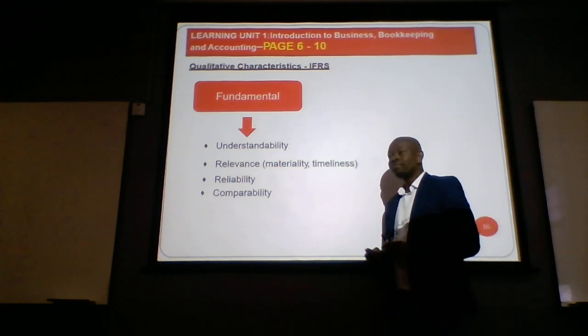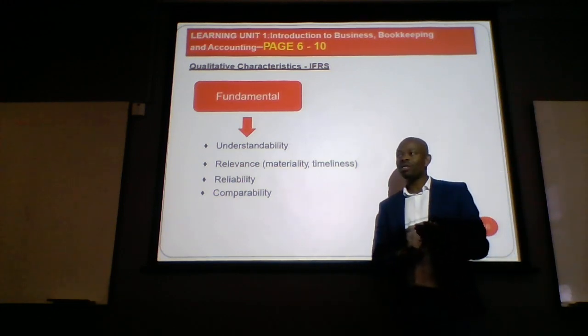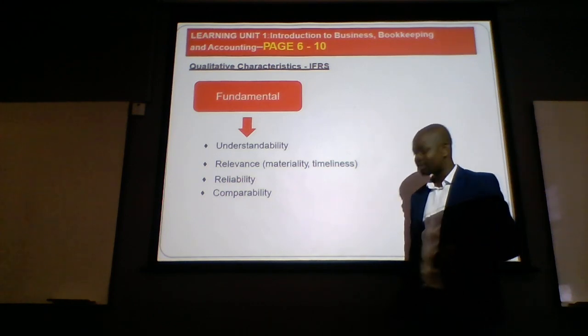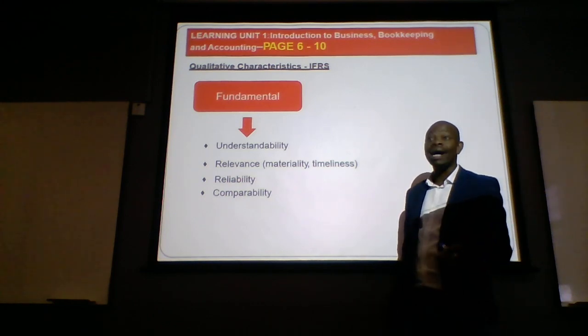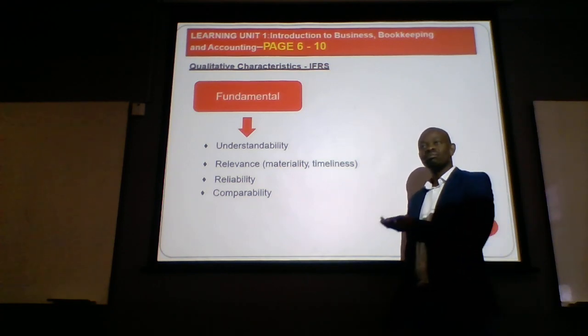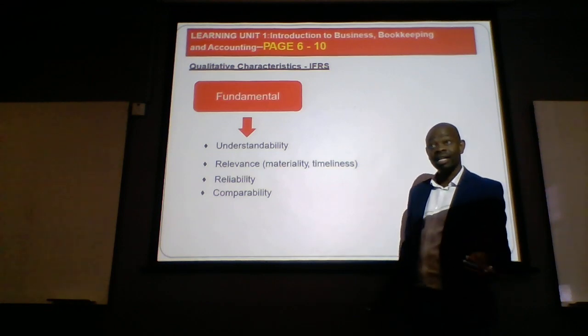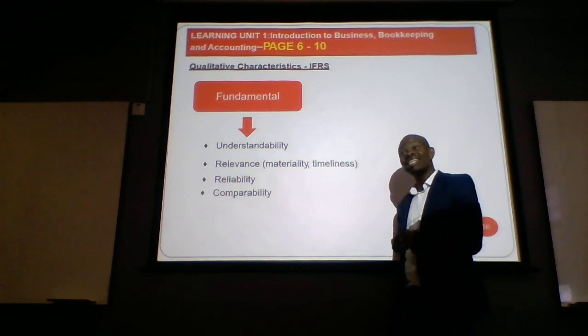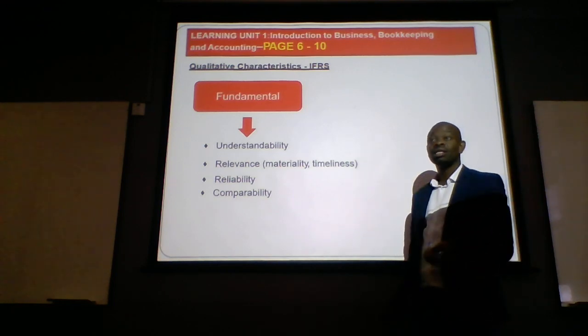The reliability. What do you mean by saying that? Obviously, the information that you produce as an accountant needs to be reliable to the users. How can I assure them? I can make sure that I've got my internal auditors, if I can manage to pay them, so that we can say, okay, the information is free from bias. Can you see now?